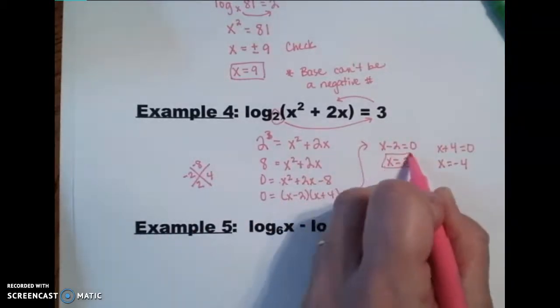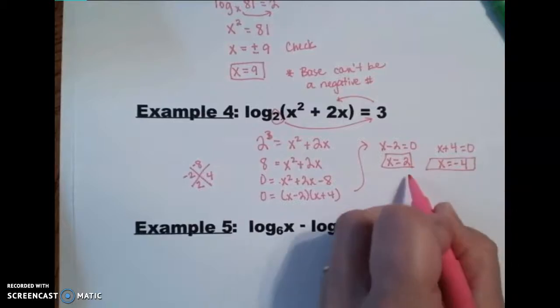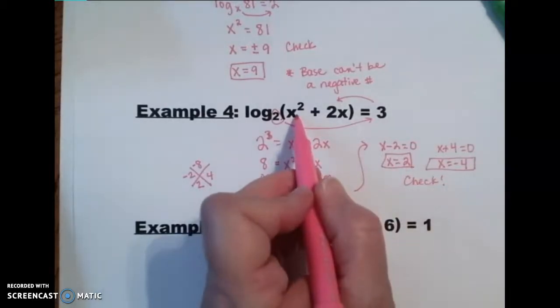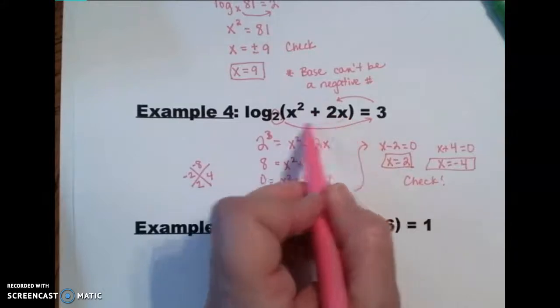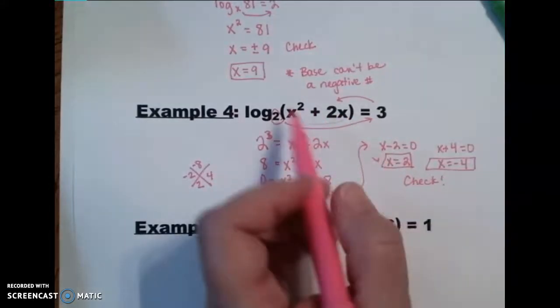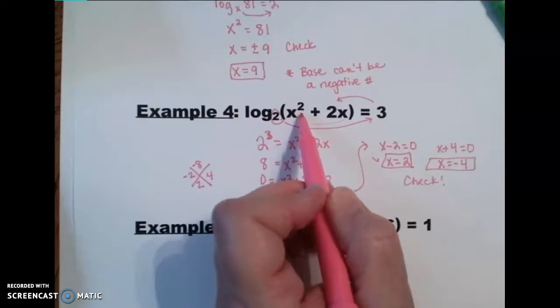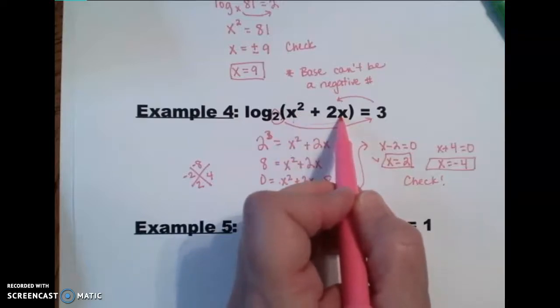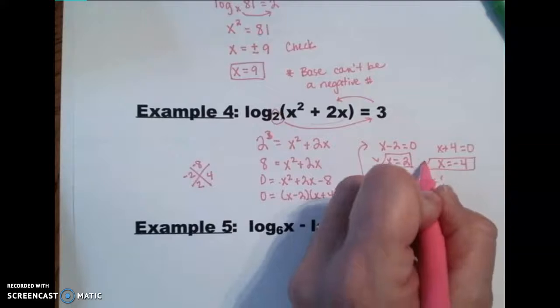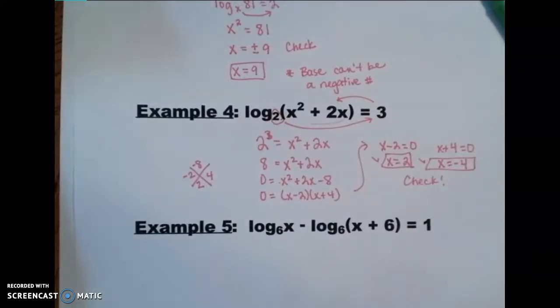So we're going to check both of those back to our original. So if I go here, 2 squared plus 2 times 2 is going to be the log of a positive number, so that one's good. Here, negative 4 squared is 16. Negative 4 here will be negative 8, so that will be 16 minus 8. We still have positive numbers, so both of those solutions are good.